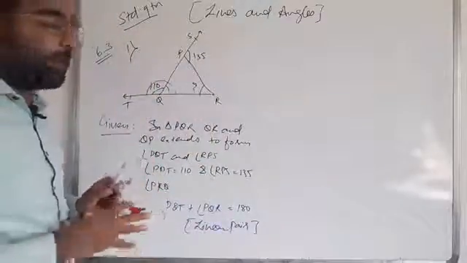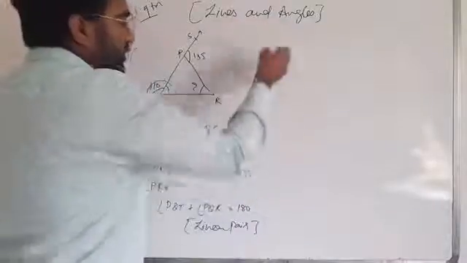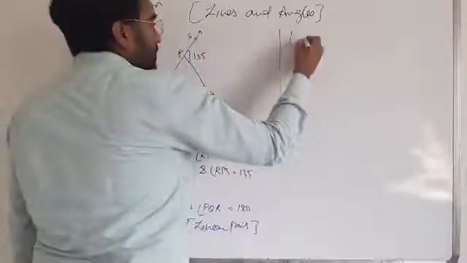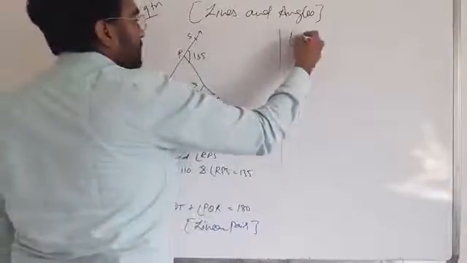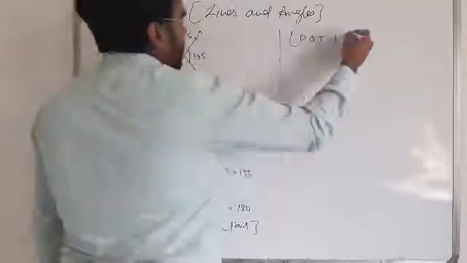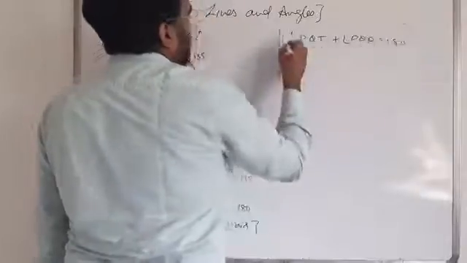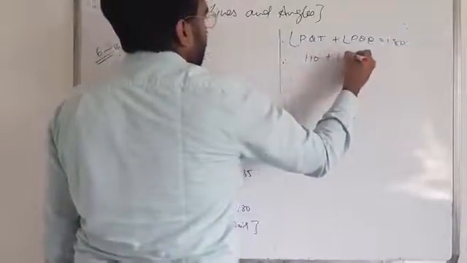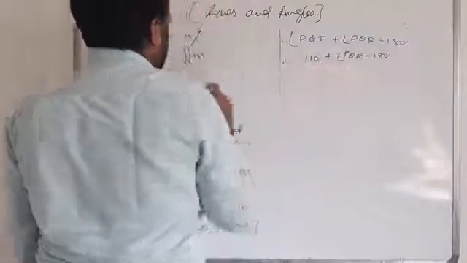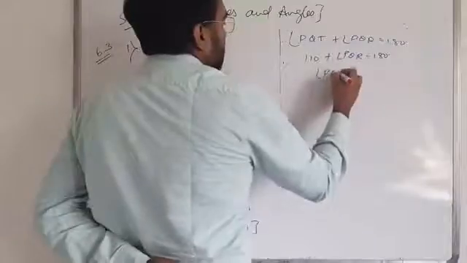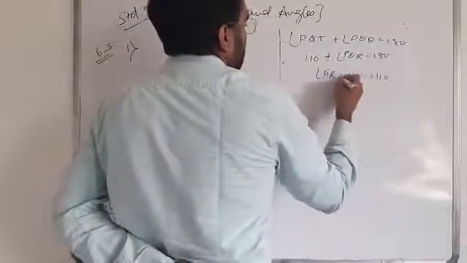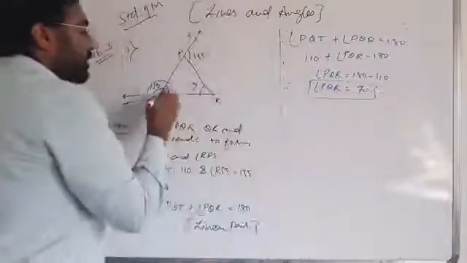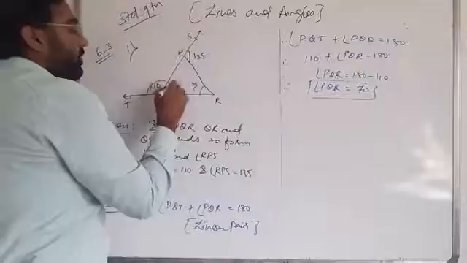You should write all these things, linear pair of angles. There is not enough space here, so I will not write it. Therefore PQT, that is 110, plus PQR, which we should find, is equal to 180 degrees. So angle PQR is equal to 180 minus 110, therefore angle PQR is equal to 70 degrees. Now this angle I got is 70 degrees.